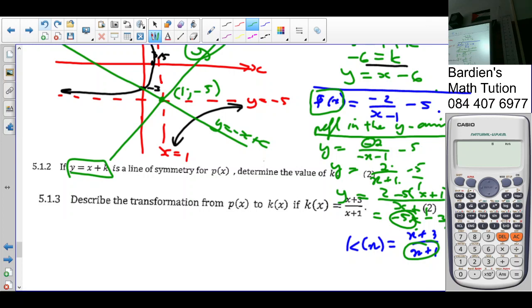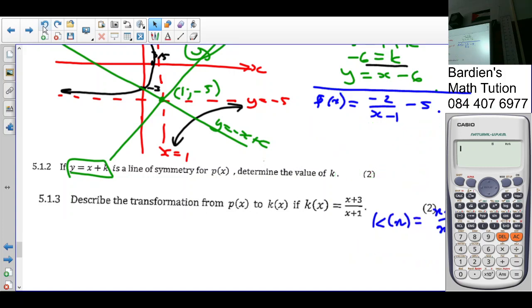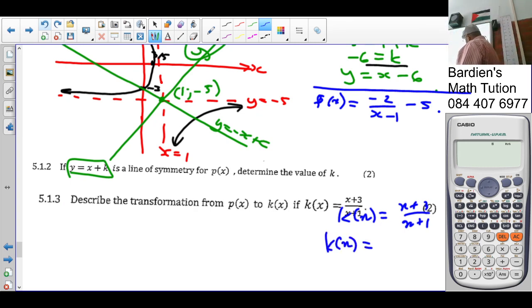So what I should have done was first get k in the standard form of a hyperbola. Then I would have seen a better translation taking place. So let's rather go back. Take it from here. Start with k. You say k of x equals, now you see you've got x plus 1 here.